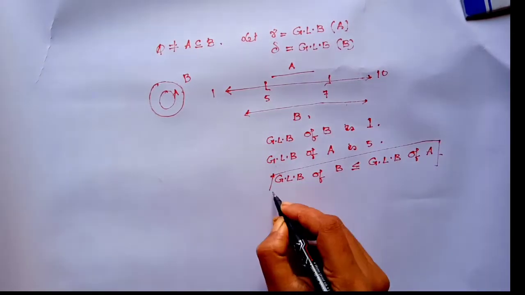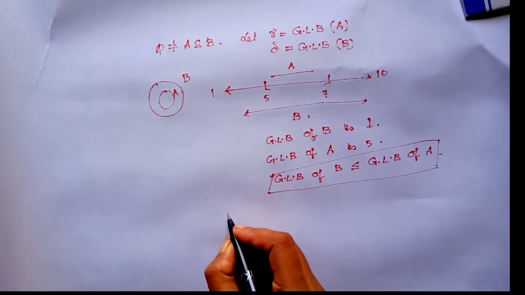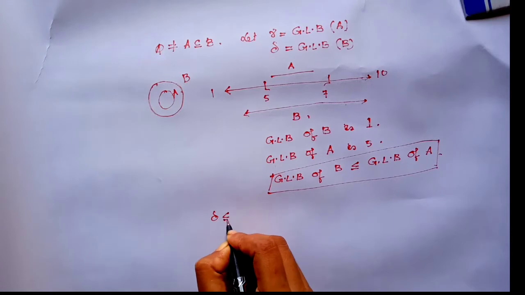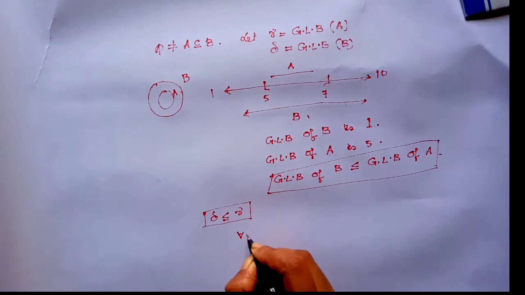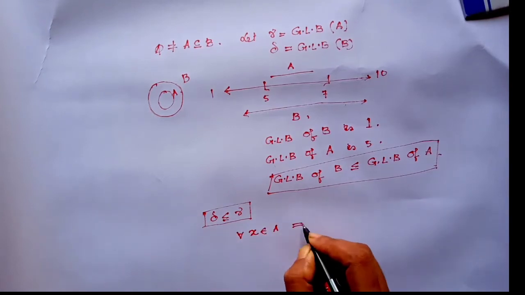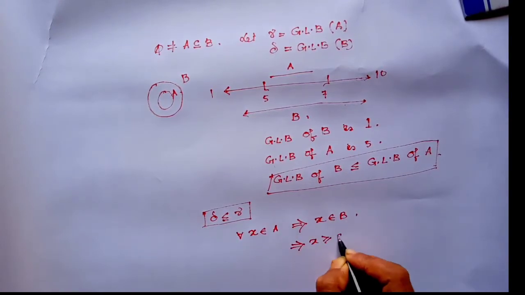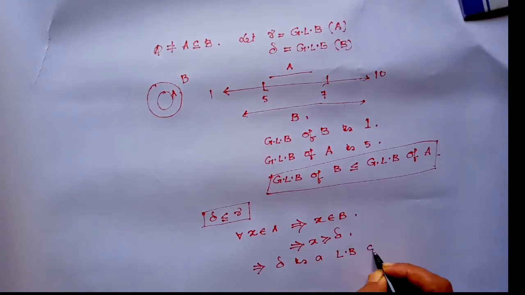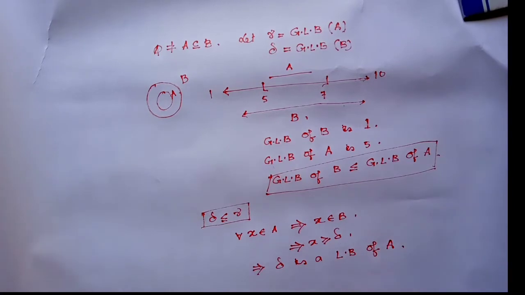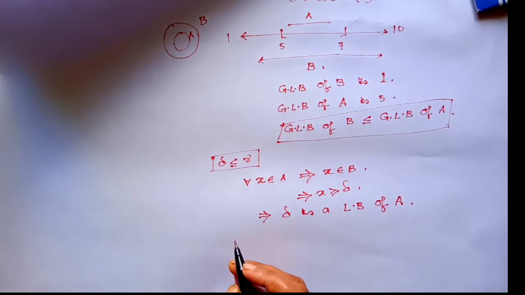Now we want to prove it, and the proof is very easy. That means we want to prove delta less than or equal to gamma. We know for all x belongs to A implies x belongs to B also. That means x greater than or equal to delta. That implies delta is a lower bound of A. Okay? But what is gamma?